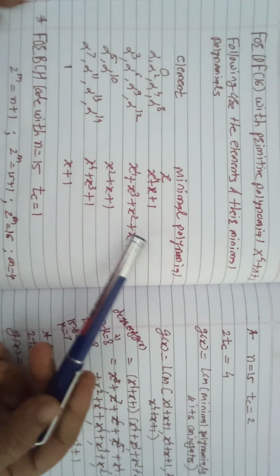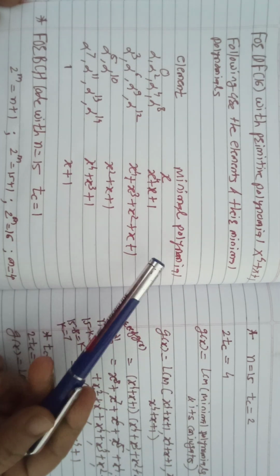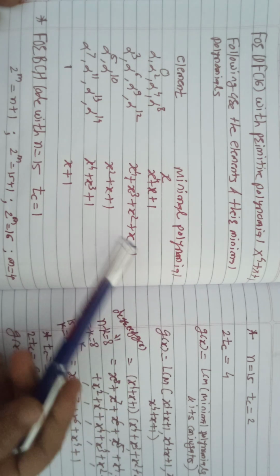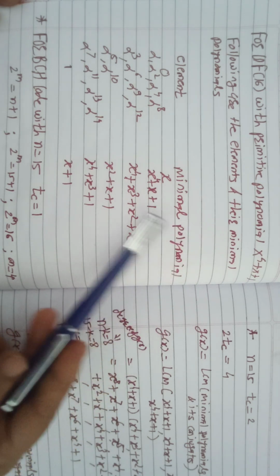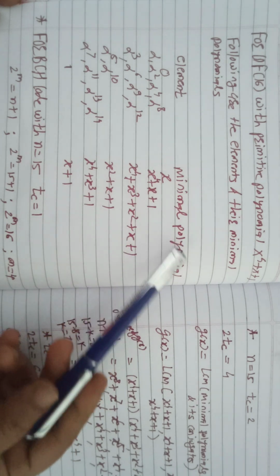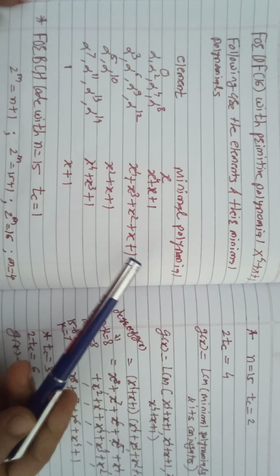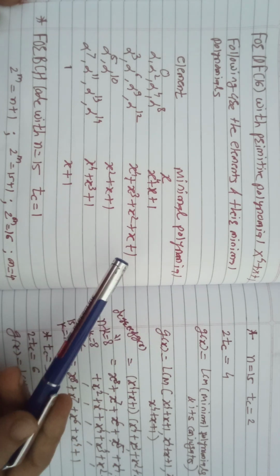So they may give you the minimal polynomial list also. For Galois field 8, it is easy to obtain, but for Galois field 16 it will take time.